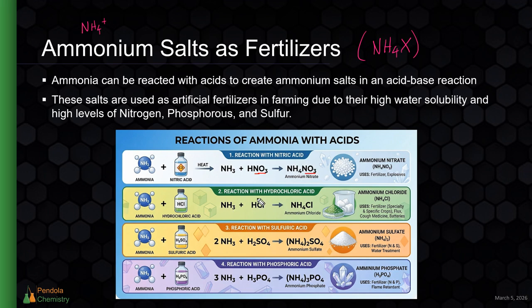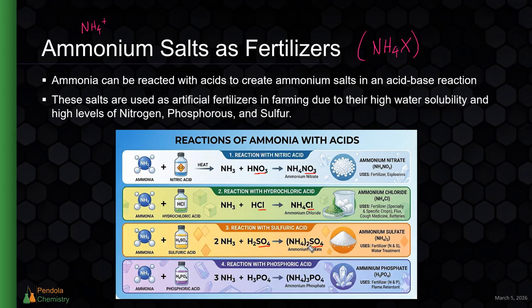If ammonia reacts with hydrochloric acid, the ammonium that's created pairs up with a chloride ion from the hydrochloric acid, creating ammonium chloride. If ammonia reacts with sulfuric acid, the sulfate ion pairs up with the ammonium, creating ammonium sulfate.